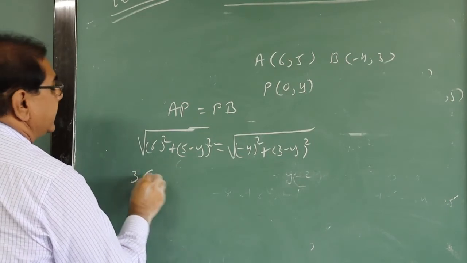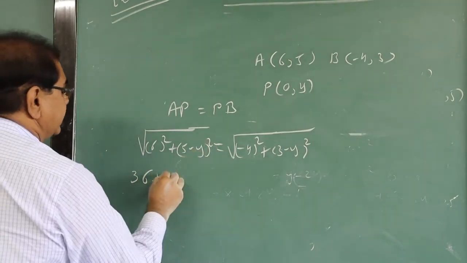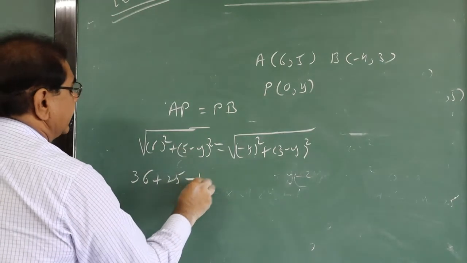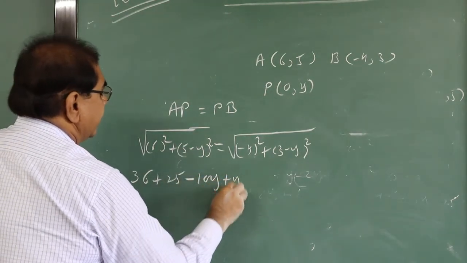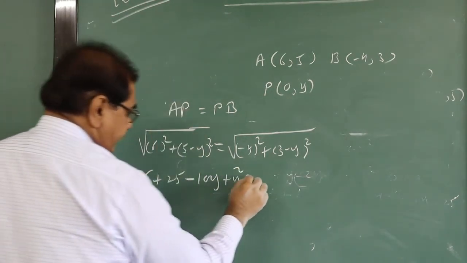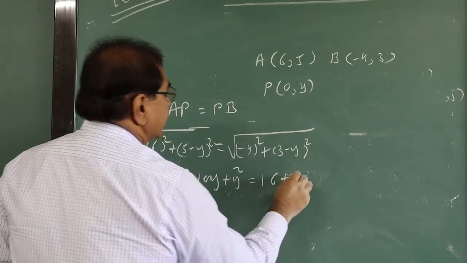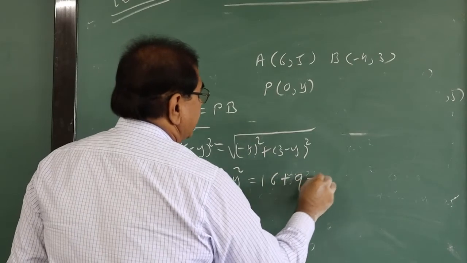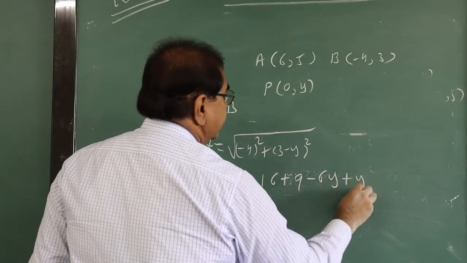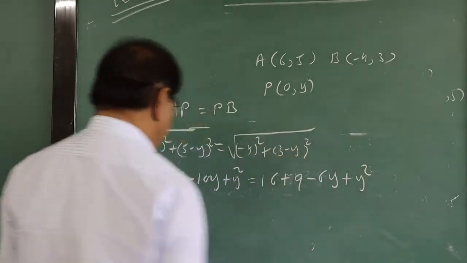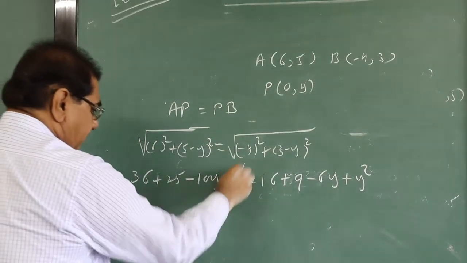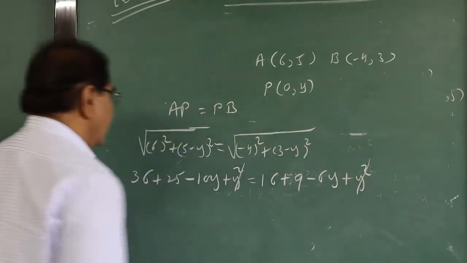So 6 square is 36 plus 5 square is 25 minus 10y plus y square, a minus b whole square, is equal to 4 square is 16 plus 3 square is 9 minus 6y plus y square, a minus b the whole square. From either side plus y square is gone.